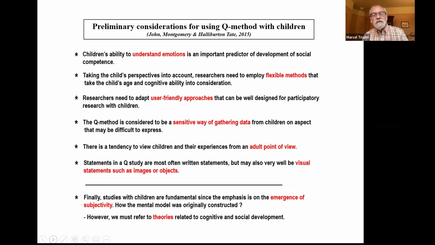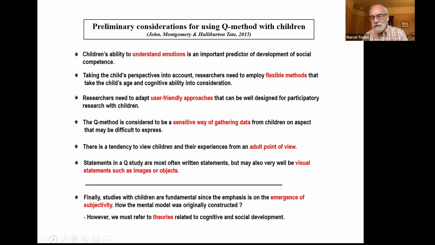The next one is preliminary considerations using Q method. I put in red the ideas I want to bring. Children's ability to understand emotion is an important predictor of the development of social competence. Emotion is central to development. We don't deny that for sure. Taking the child's perspective into account, researchers need to employ flexible methods. That's what I like with the Q method. We adapt.